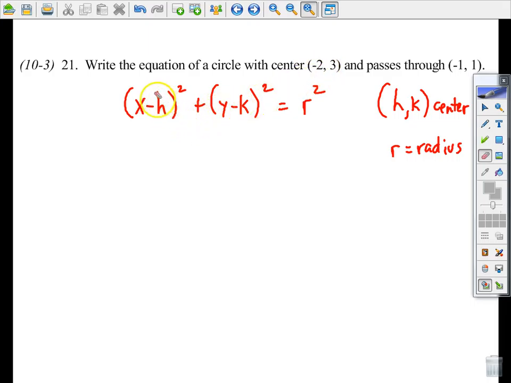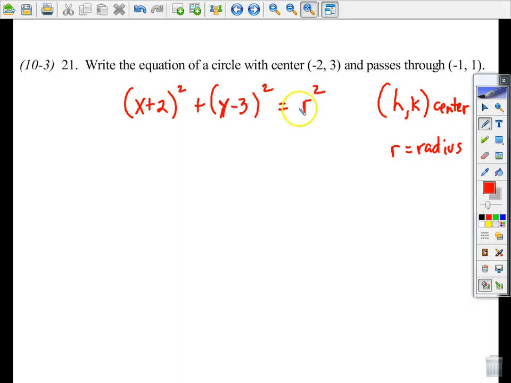H would be -2, so if I put -2 in place of h, really we should write that as +2, shouldn't we? Subtracting -2. So that's going to be x plus 2, and k is 3, so this is going to say y minus 3.